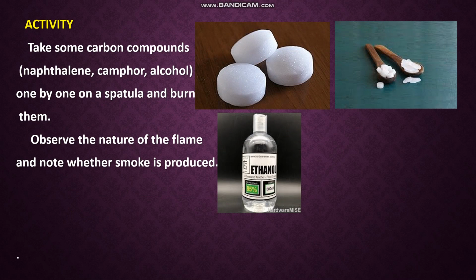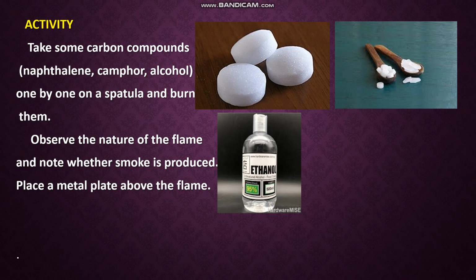We have to observe the nature of the flame and note whether smoke is produced. So when each one of these is burnt, what is the nature of the flame? Whether we are getting a clean blue flame or a sooty flame. Sooty flame means a flame which forms soot. That means a smoky flame.